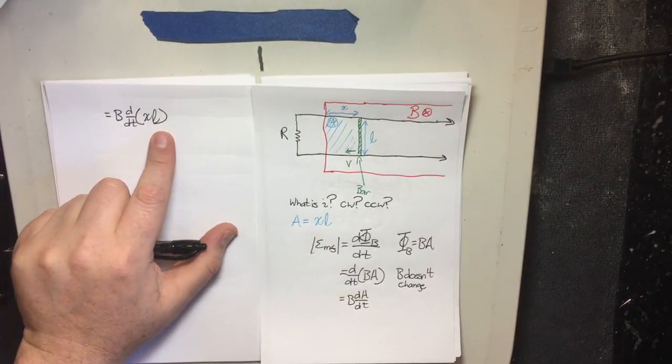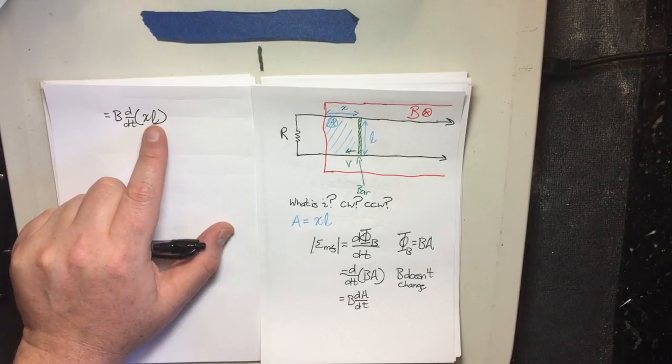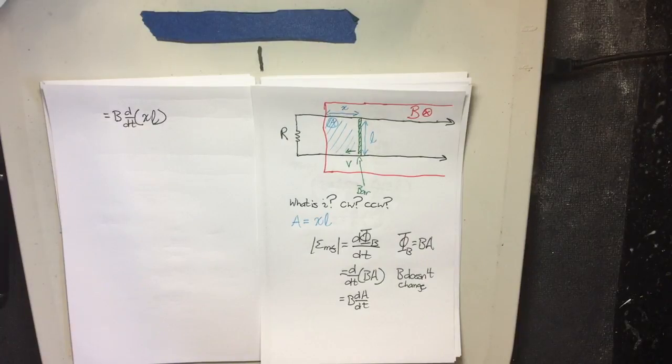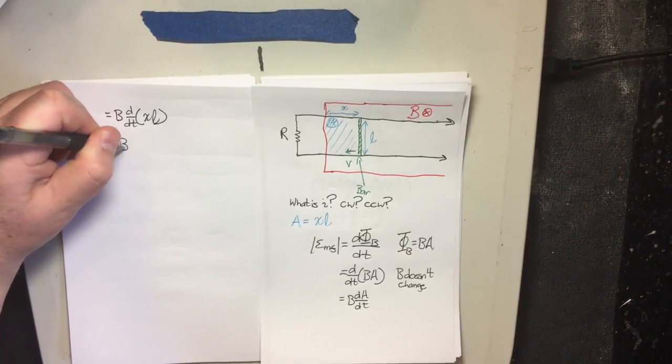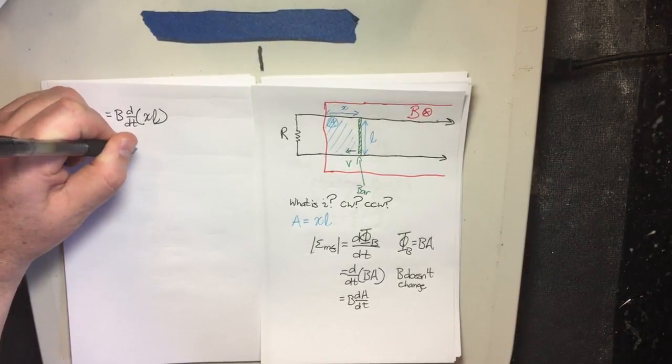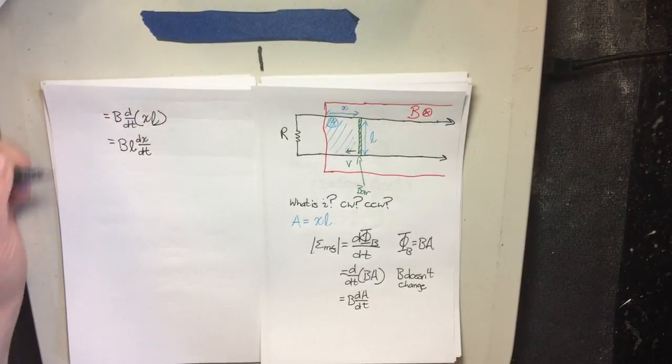This is XL. The area is the depth X times the length L. Does length change? No, the bar length doesn't change. So what I can do is chain rule it again to get this.